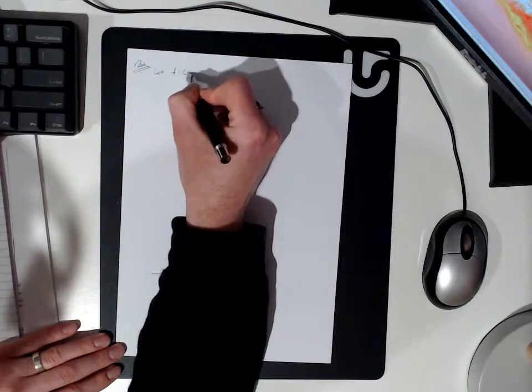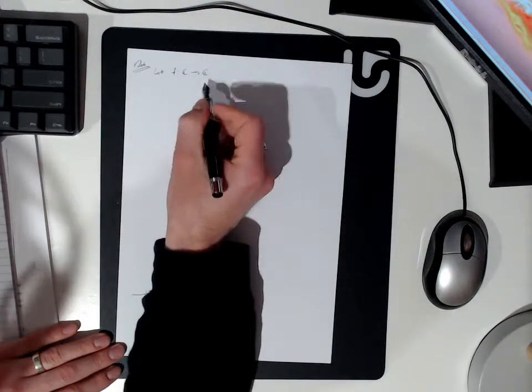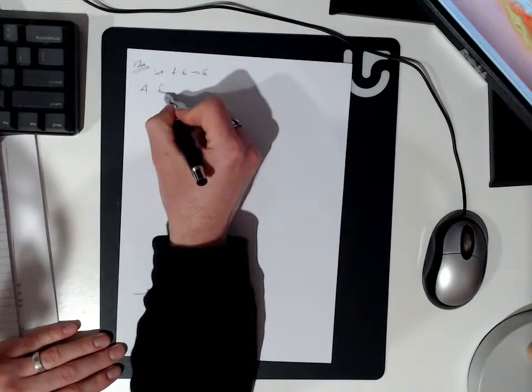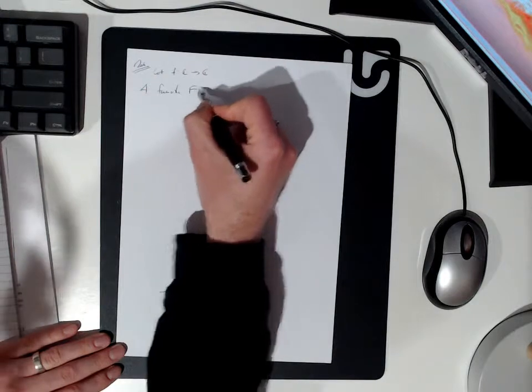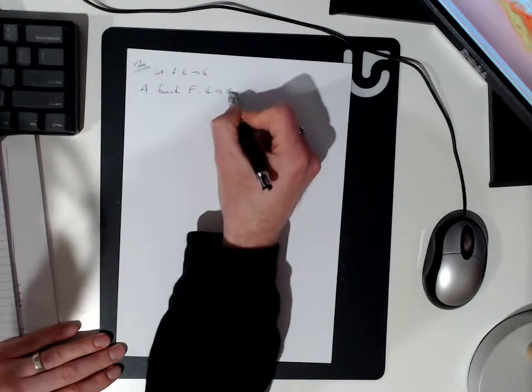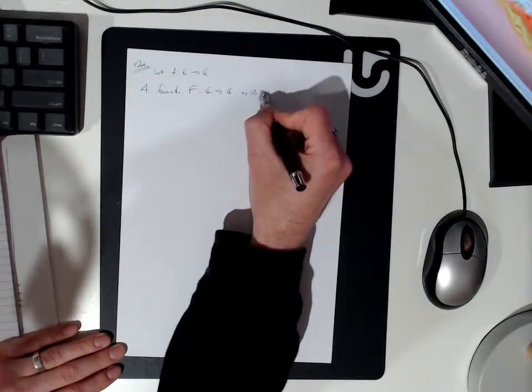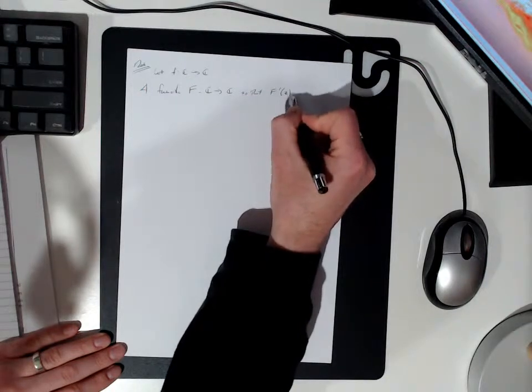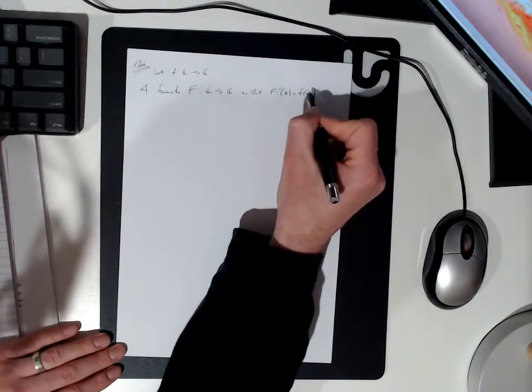So let f be a function from the complex to the complex, so that F dash of z is equal to f of z.